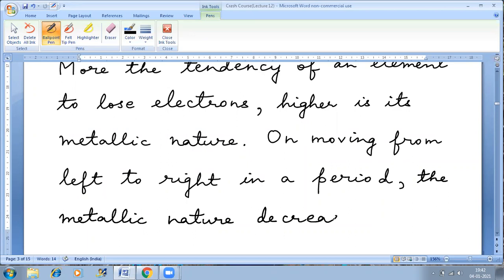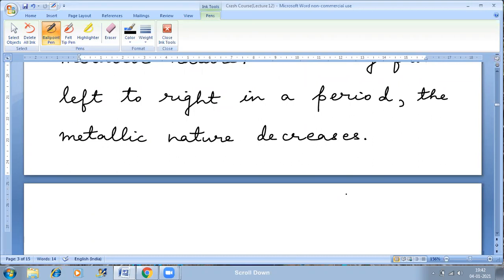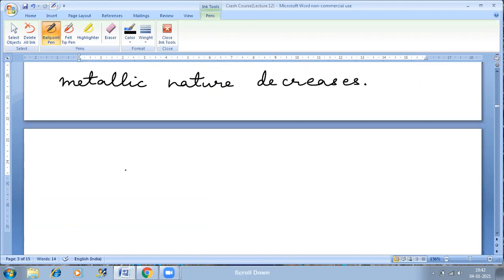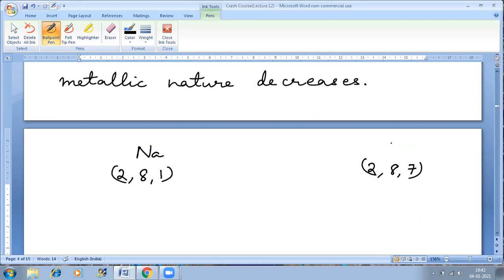Now, why does it happen? If I'm talking about a period, for example, let's say here I have sodium, and here again I have chlorine. So this is sodium and this is chlorine. Let's look at the number of valence electrons. Here sodium has only one valence electron, so it can easily lose that electron.